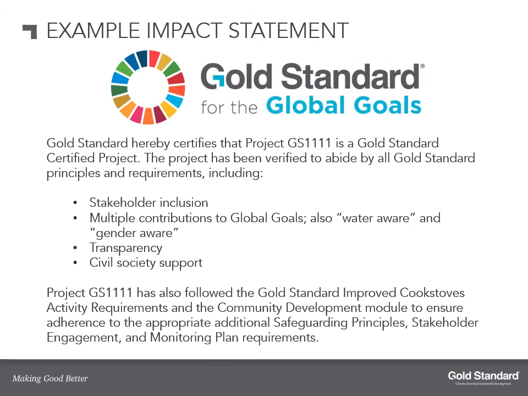These include, of course, stakeholder inclusion, contributions to the SDGs, and the water-aware and gender-aware claims that I talked about earlier, as well as transparency and civil society support. And you'll see further context around this in the claims guidelines themselves. And then there will also be standard language around what it means to have followed the additional activity level requirements, such as you see here.